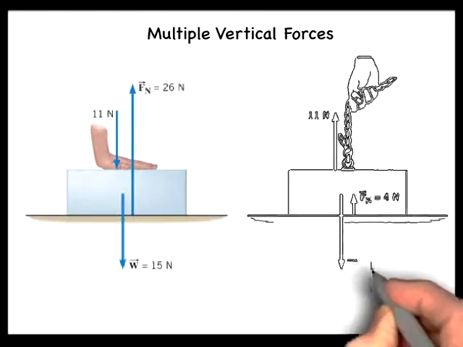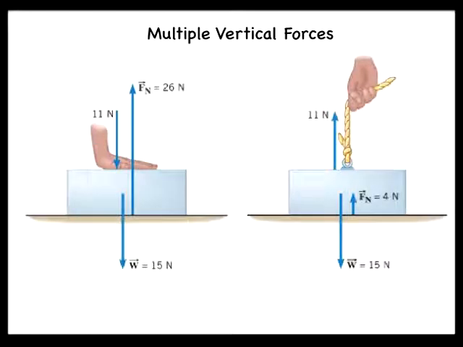Similarly, if someone pulls vertically upward with a force of 11 newtons, the normal force decreases to 4 newtons. This makes sense. If the magnitude of the pulling force were equal to the weight of the block, then the block would essentially be suspended by the rope, and the normal force would be 0.